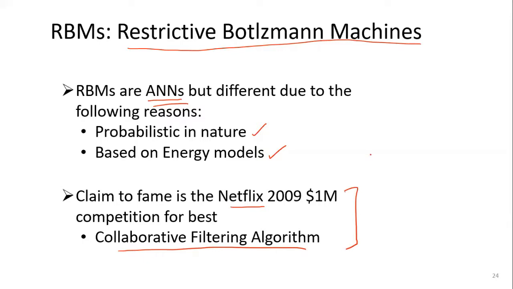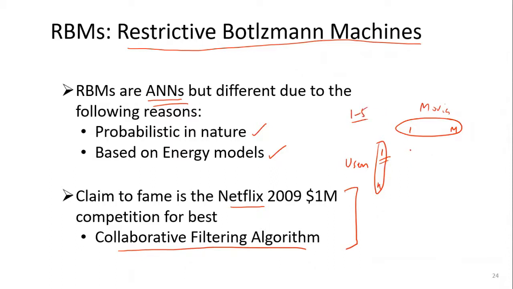And the idea was that if you have a bunch of movies, and you have a bunch of users, each one of those users typically can rate a movie. So let's say you have movies 1 to M, and you have users 1 to N. Now, user 1 may give a rating, let's say on a scale of 1 to 5.